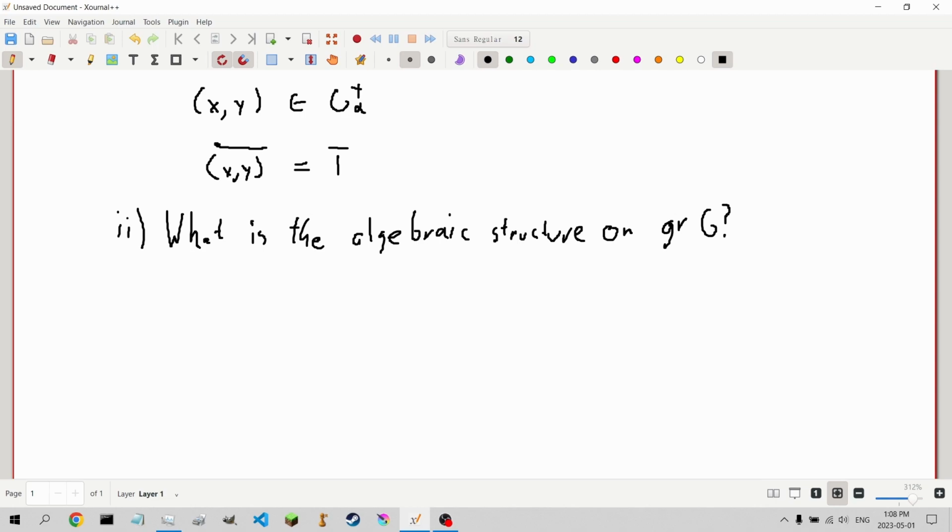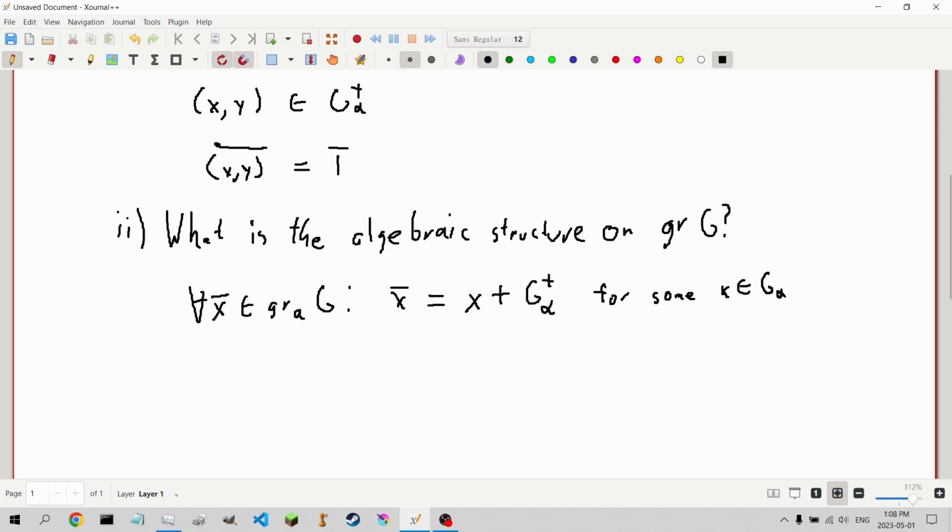So keep in mind, for all x bar in GR alpha of G, each constituent, what is x bar really? X bar is equal to some x plus G alpha positive, for some element x in G alpha.